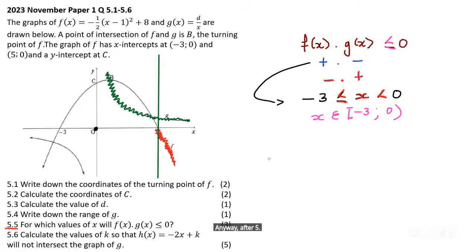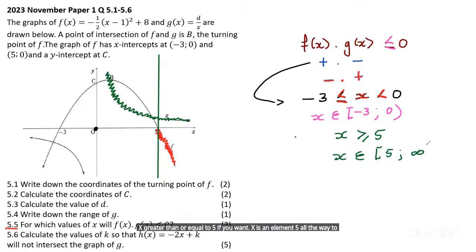So when the graph of g is above and the graph of f is below, that happens when x is greater than or equal to 5. If you want, x is an element of [5, ∞).